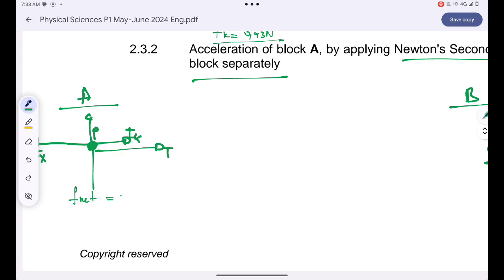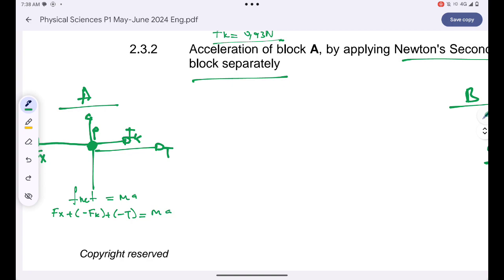Okay, so F net is equal to MA. By definition, F net is the sum of all the forces in one direction. Sum means you must add. You must take the horizontal component plus your negative friction plus your negative tension. These ones are negative because they're opposing my direction, right?